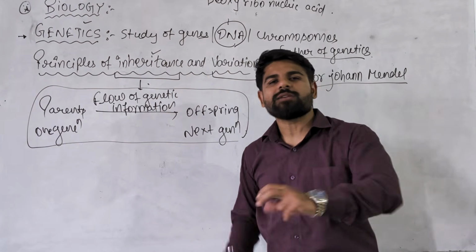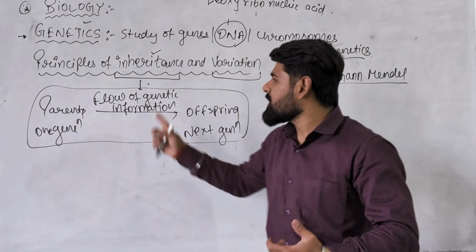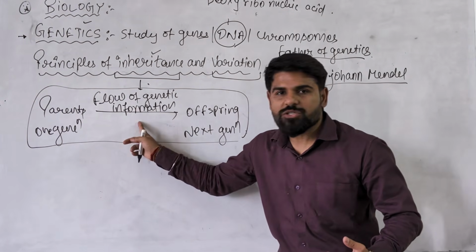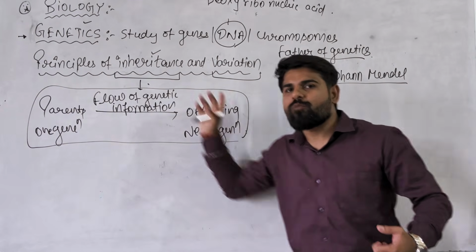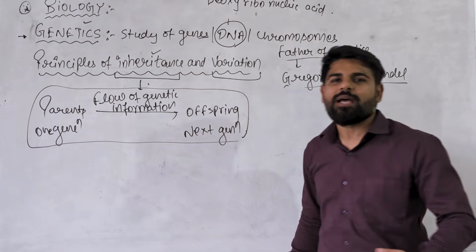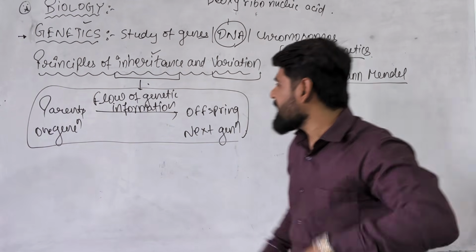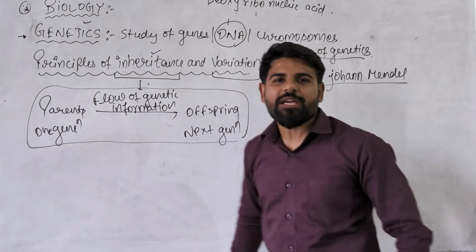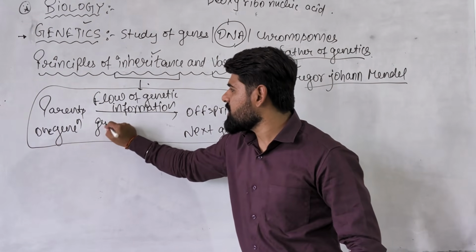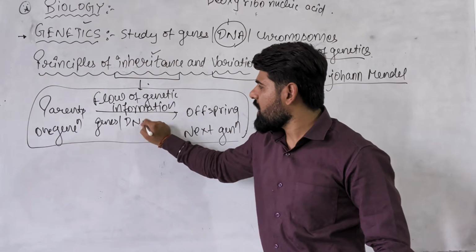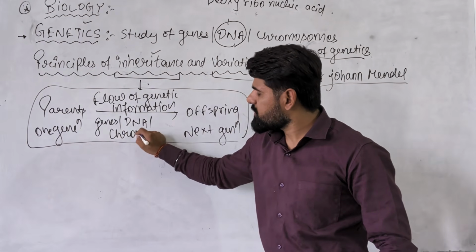So how will you define inheritance? The flow of genetic information from parents to the offspring, from one generation to the next, is called inheritance. Now, during this flow, genes or DNA or chromosomes are passed on.